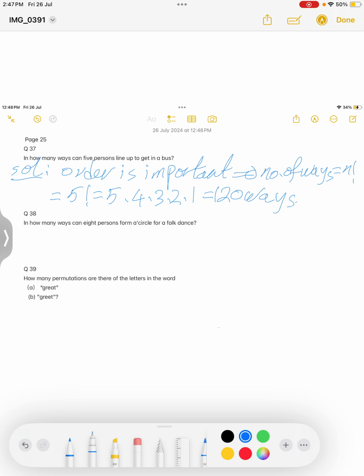Question number 38. In how many ways can 8 persons form a circle? Order is important.